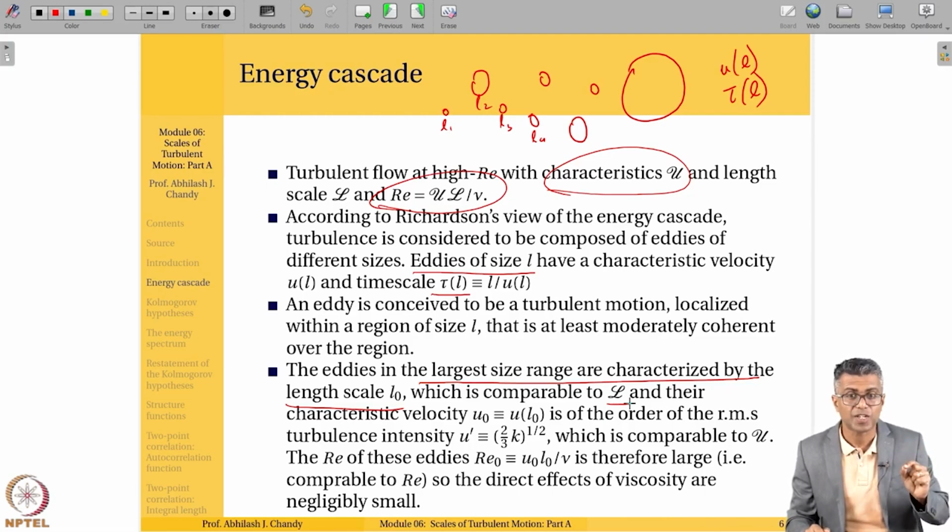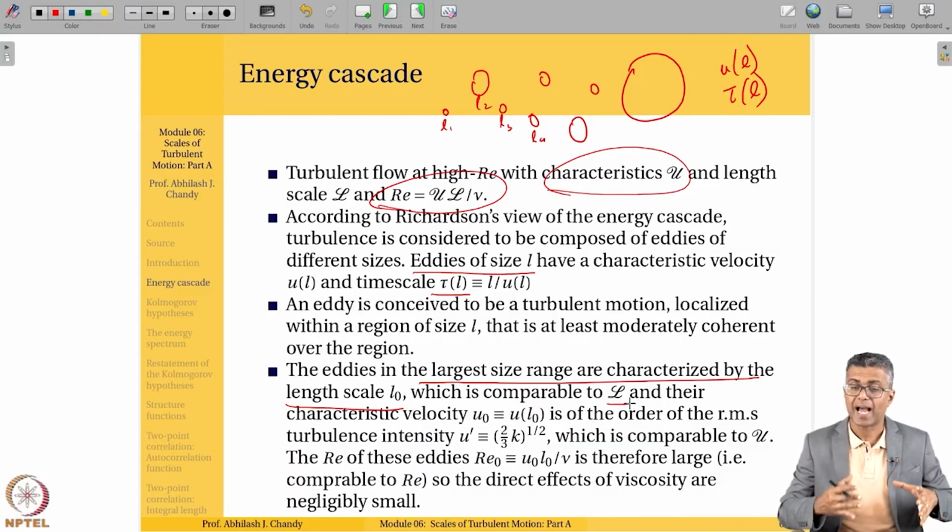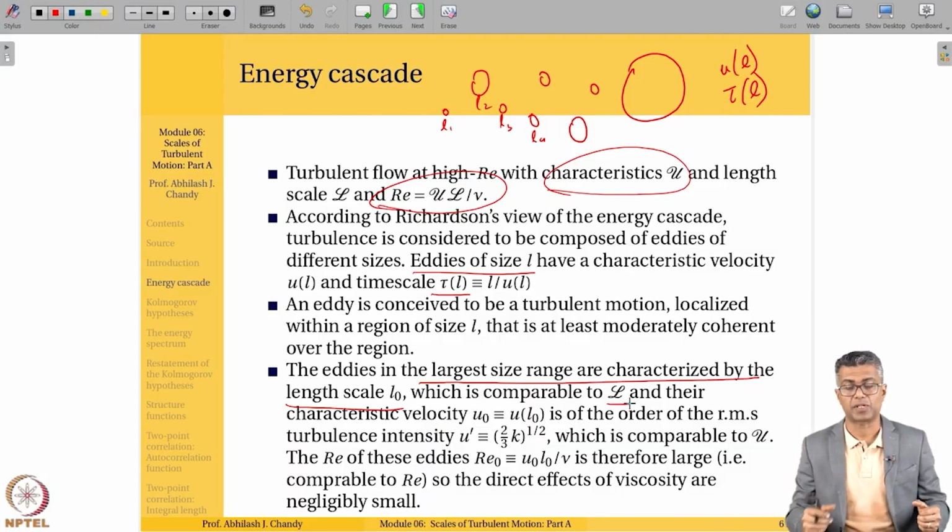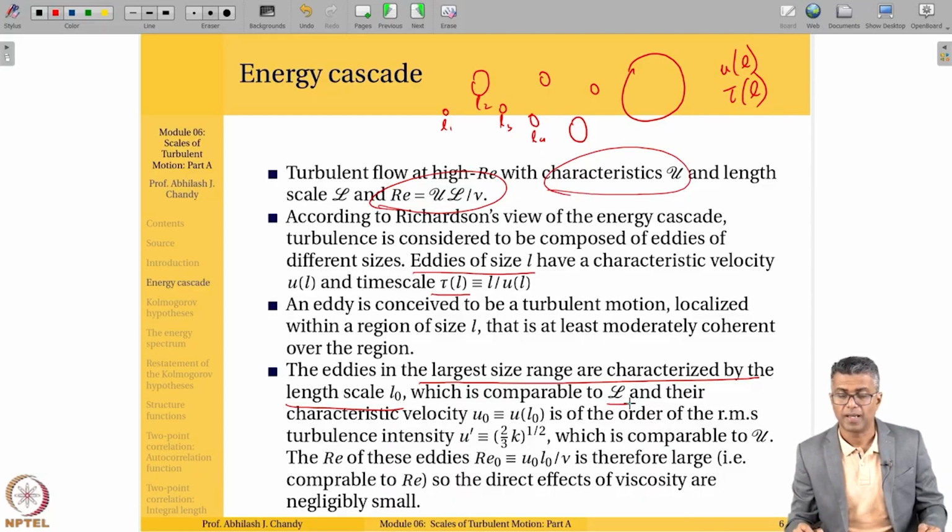Now this L0 is your largest length scale that develops as the flow occurs, as the flow develops. Capital L is a characteristic length scale, information of which is available even before you start the flow, isn't it?